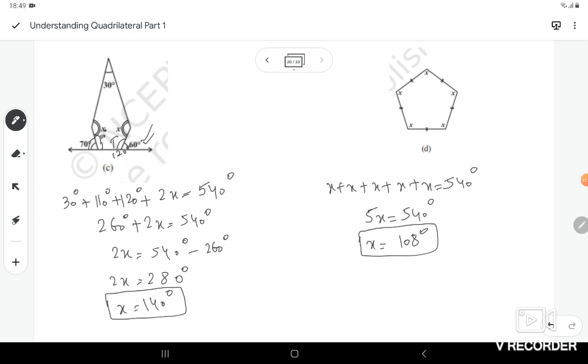And for the angle sum property, this is not a quadrilateral, so we are going to use the property of n minus 2 into 180 degrees, where n is the number of sides of the polygon. So it's a pentagon, so n minus 2, that is 5 minus 2, 3 into 180 degrees, which comes out to be equal to 540 degrees.